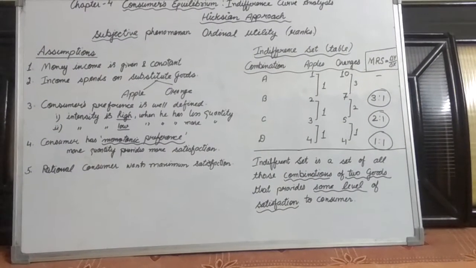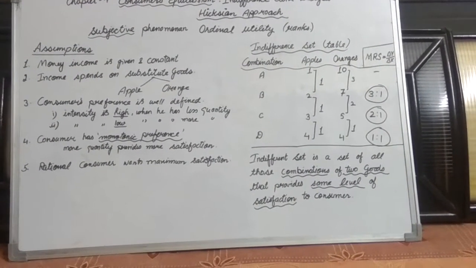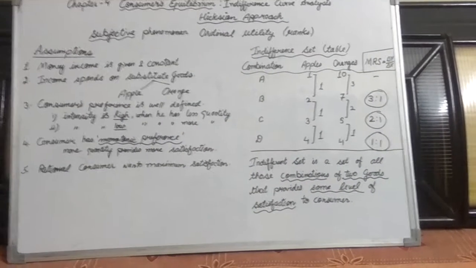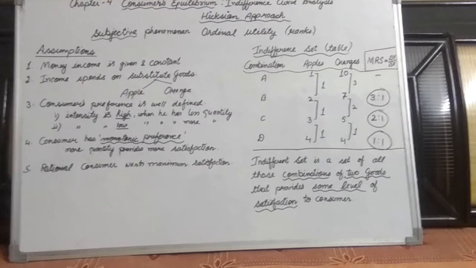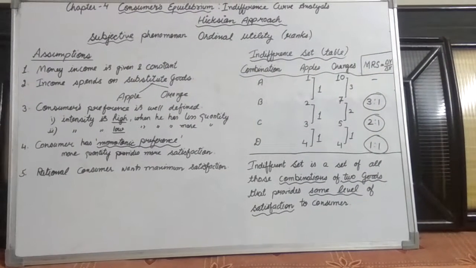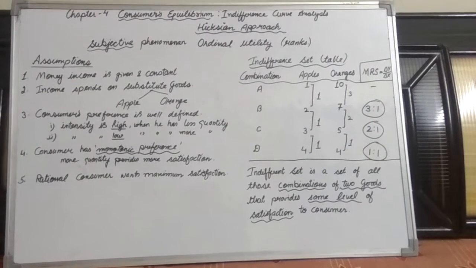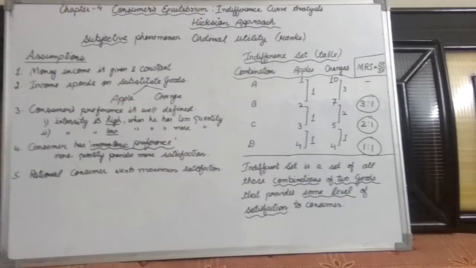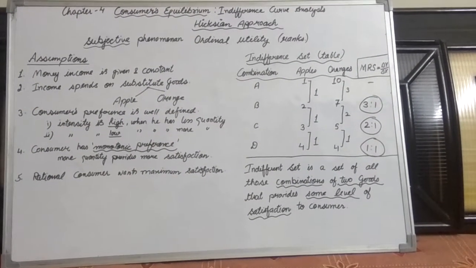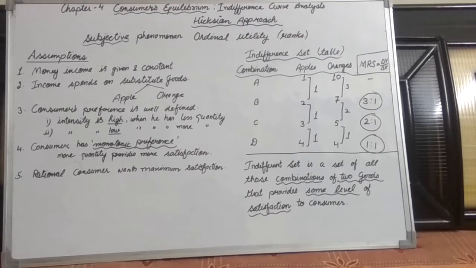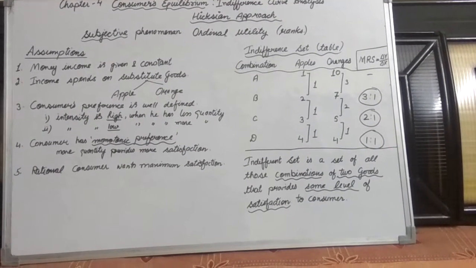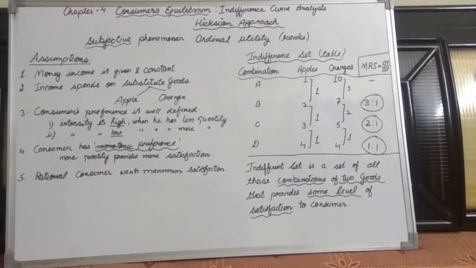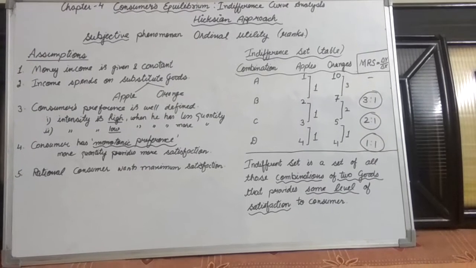Combination A shows that the quantity of apples is 1 and oranges is 10. According to the first combination, the consumer is getting 1 unit of apple and 10 units of oranges. Combination B shows the quantity of apples has increased to 2 units and the quantity of oranges has decreased to 7 units. Combination C shows 3 units of apple and again a decreased value of oranges, that is 5 units. Combination D shows 4 units of apple and 4 units of oranges.